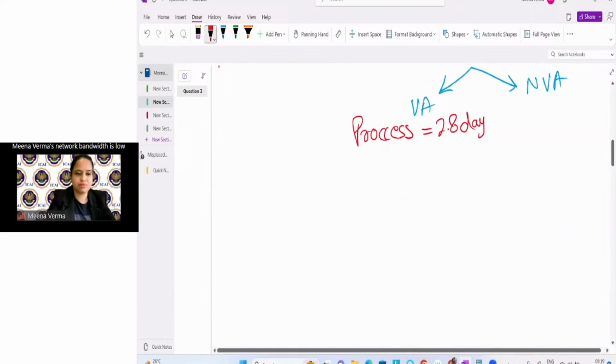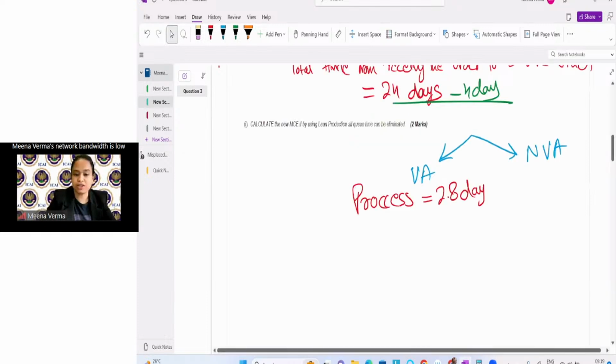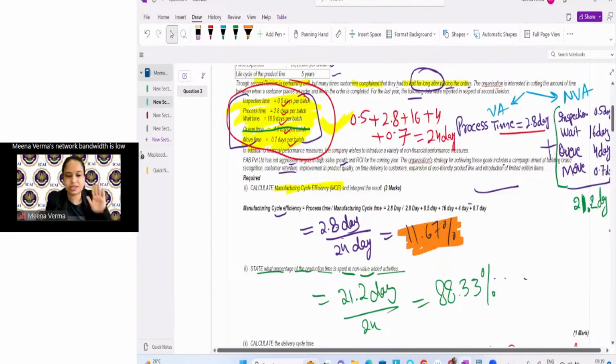Then we have non-value added activity like inspection and wait time. We are removing the queue time now, but the other wastes are still there after implementation of the lean system. Maybe they have not implemented it properly or strategically.